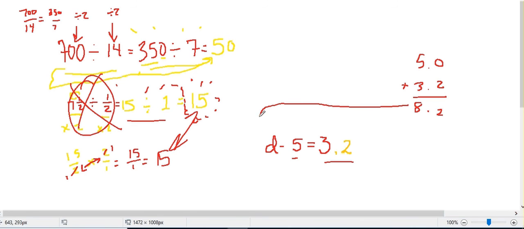So if we follow the same format, add your subtrahend and your difference, you should get that minuend. Check it in your calculator. Does 8.2 minus 5 equal 3.2? I think it does.